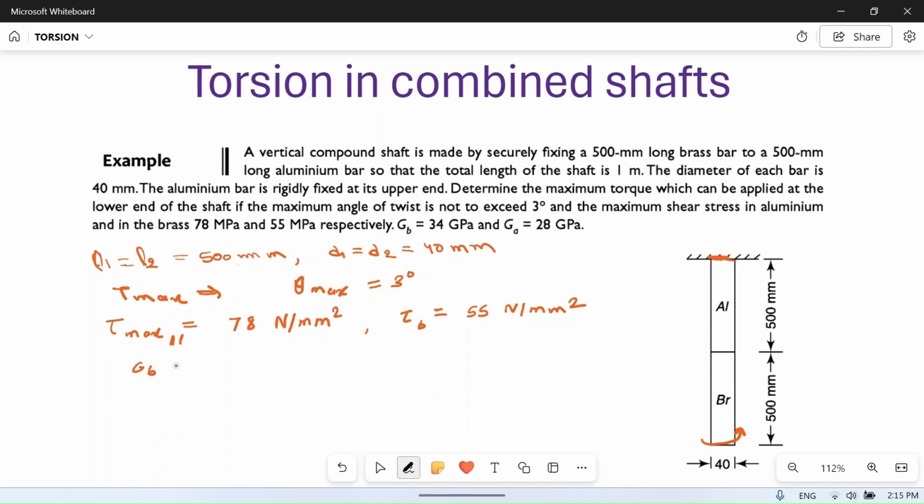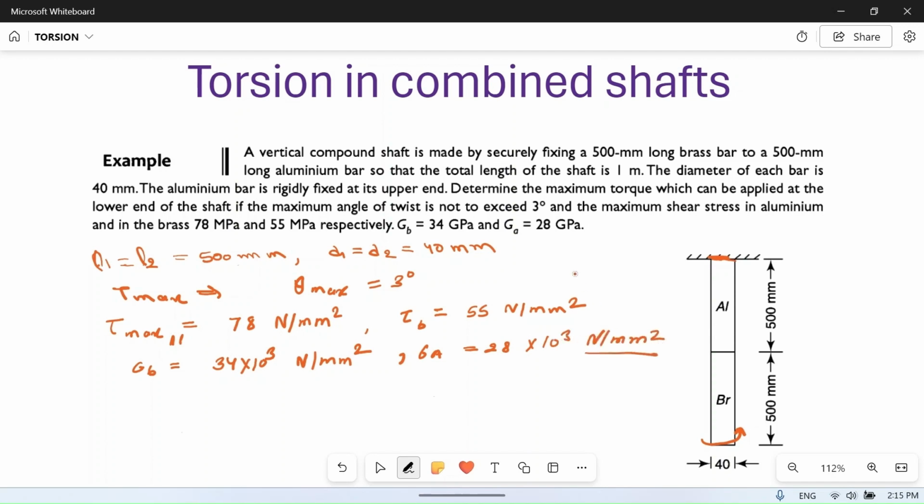G brass, modulus of rigidity of brass, is 34 into 10 to the power 3. If we convert it into Newton per mm square, then 34 into 10 to the power 3 Newton per mm square, and G aluminium is 28 into 10 to the power 3 Newton per mm square.